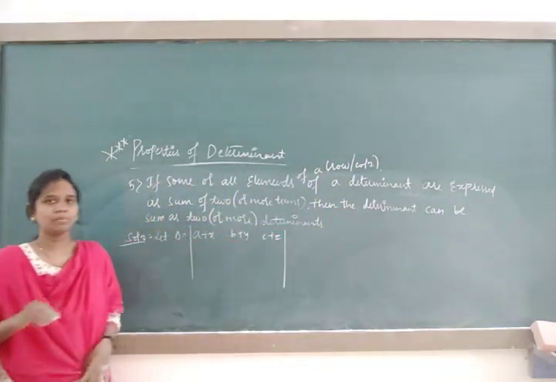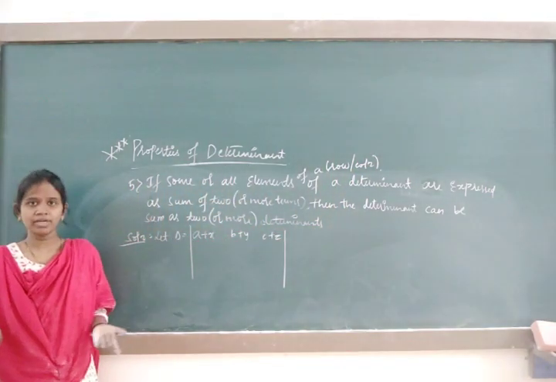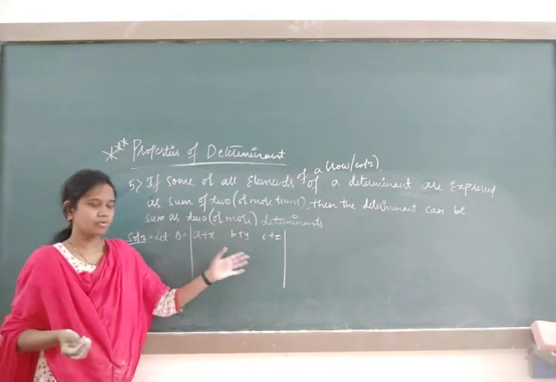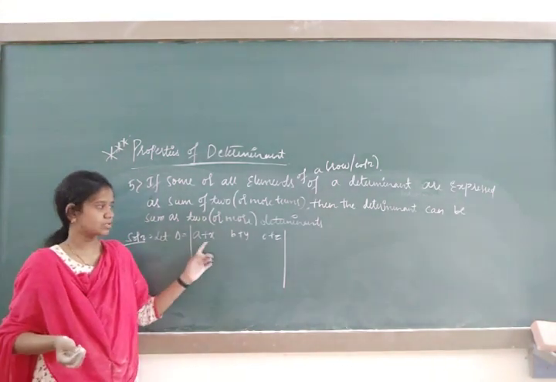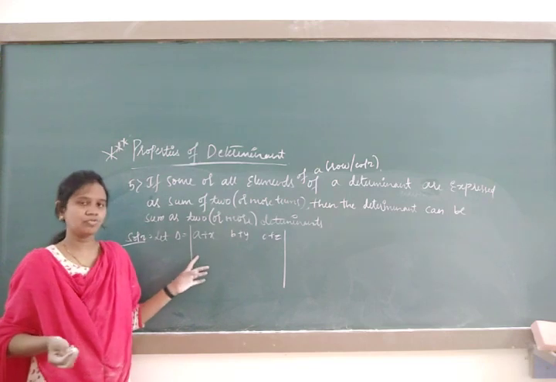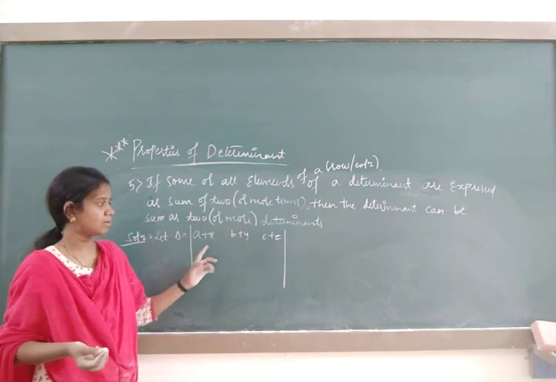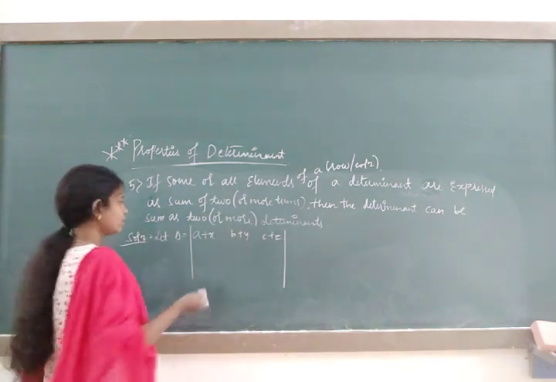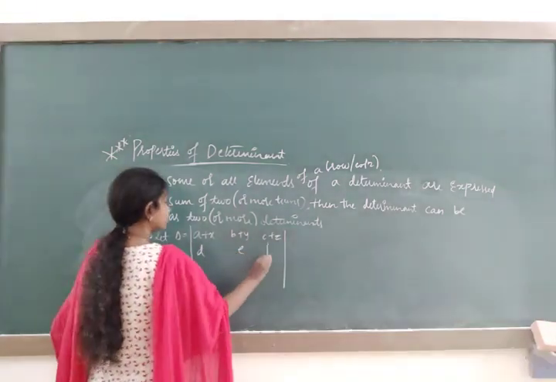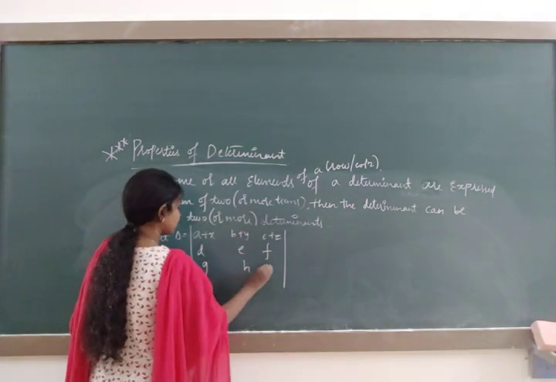This is our row. In our previous cases it was A, B, C. Next will be D, E, F, this will be G, H, I.